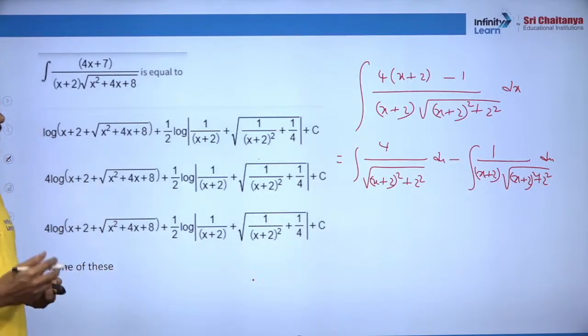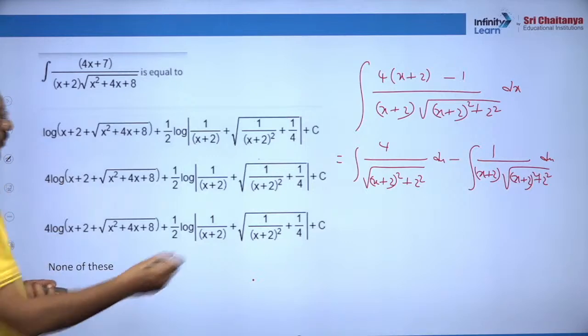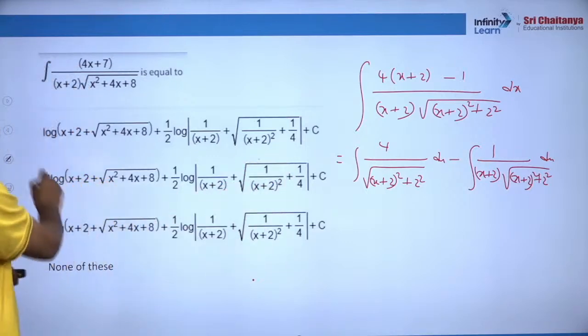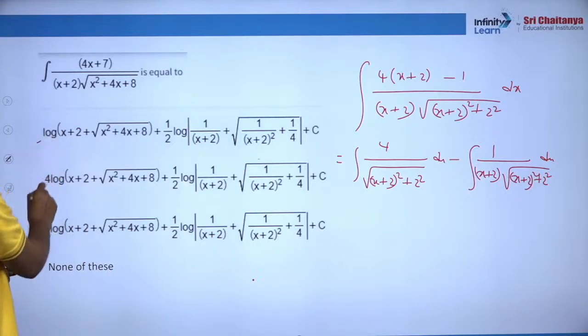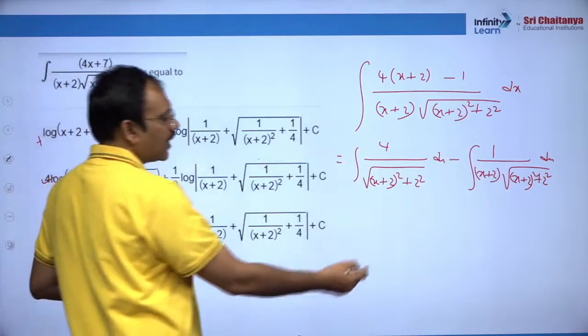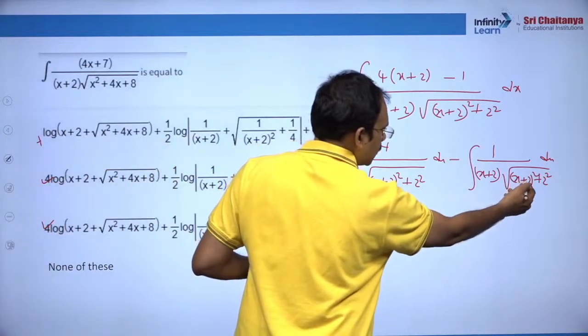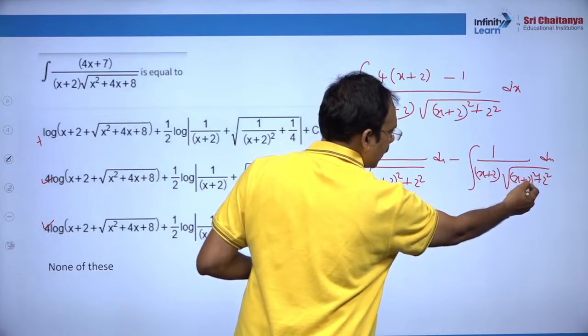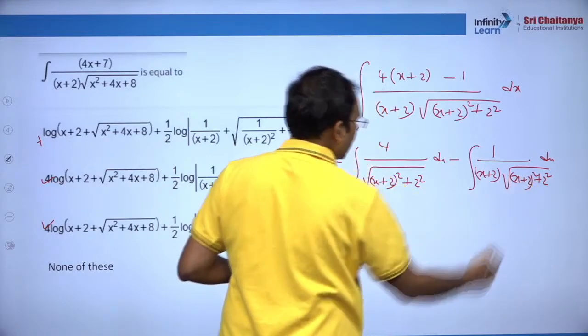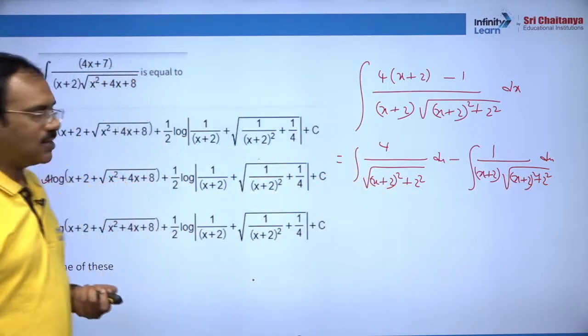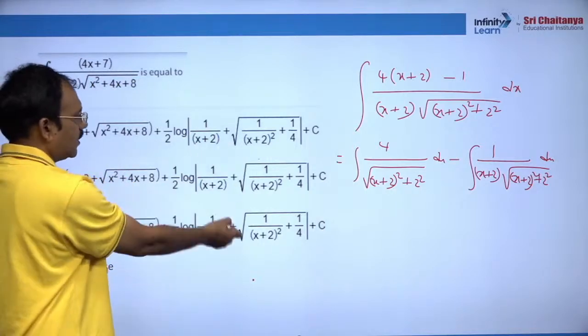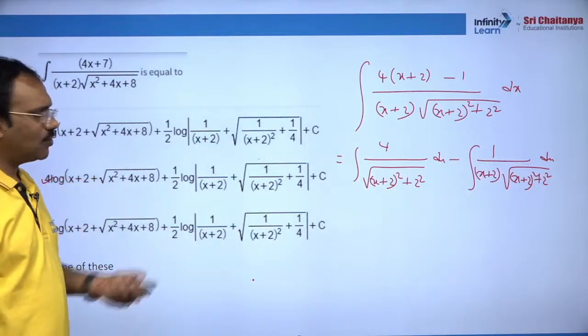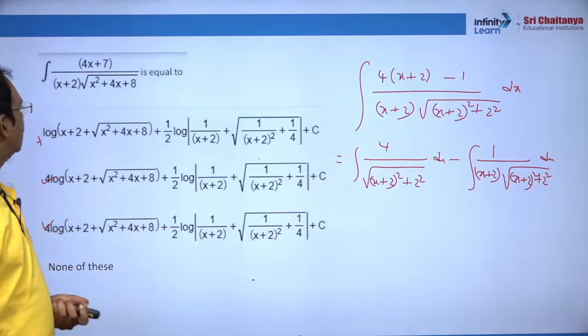So 4 into this expression is available; in these two options it is available. Even here also you can take x plus 2 whole square common. So 2 by x plus 2 you can take as t, so that you will get the answer in this format, dear friends. So you can evaluate the integral.